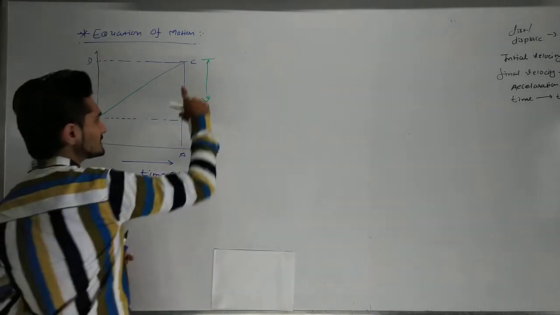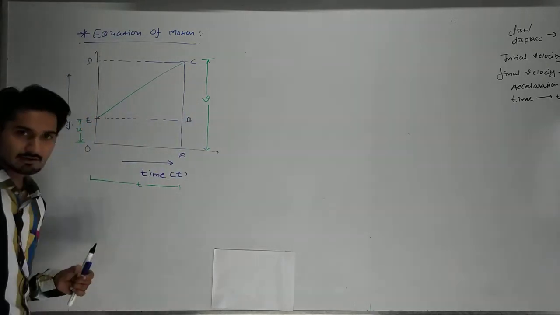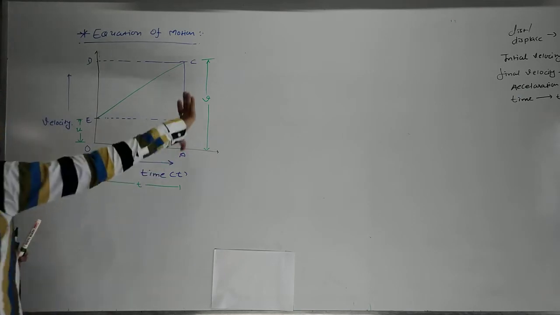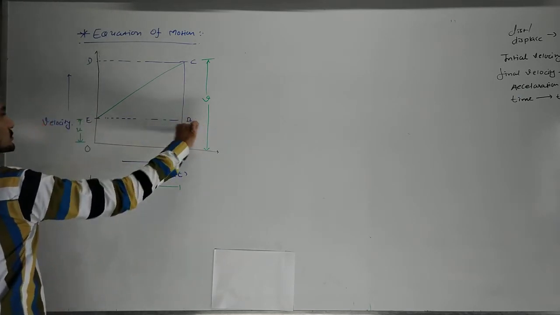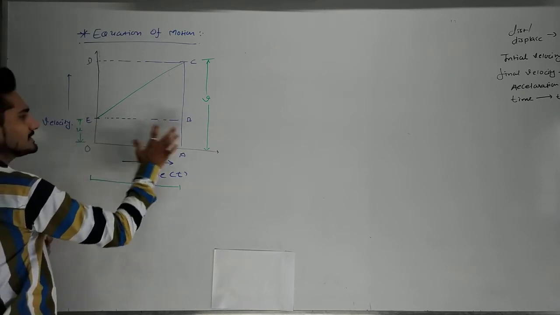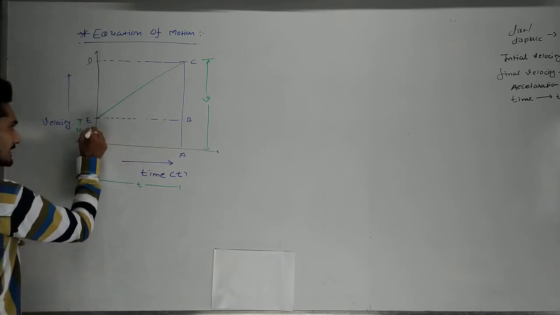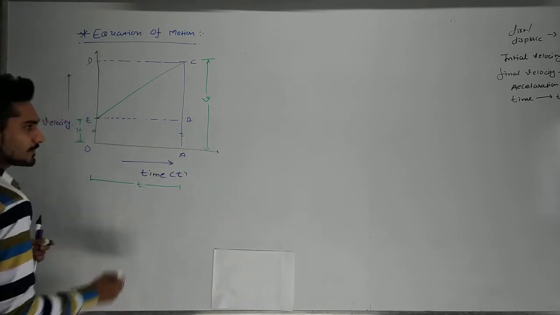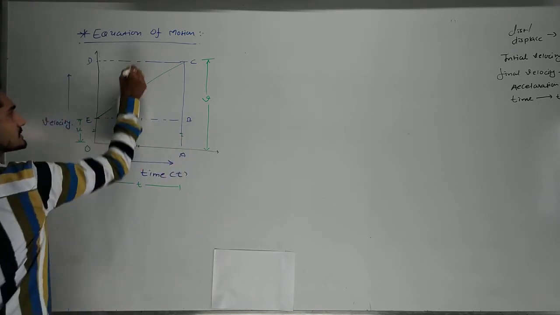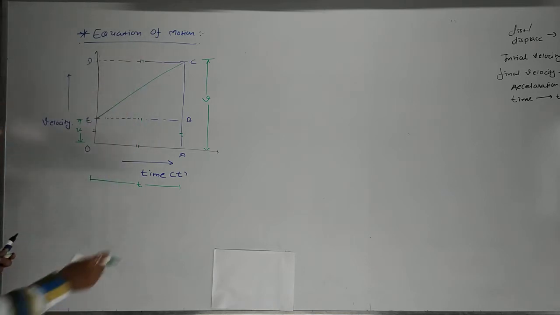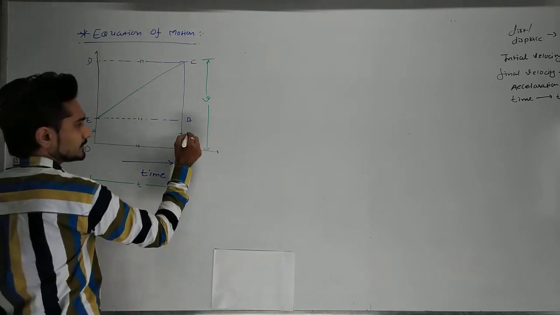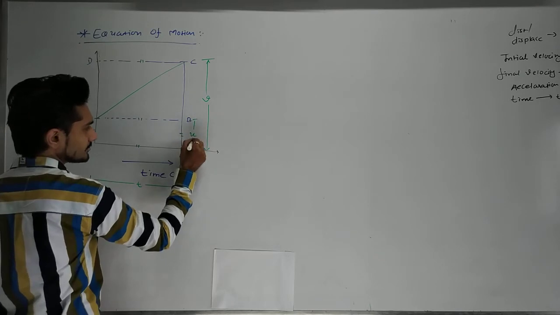Now if I want to measure this CB, how can I measure it? You can see that u is represented by the straight line AB. So AB and OE are always equal. We can consider that both are the same, so it is t, it is also t and it is also t. If this is u, you can say that it is also u here.